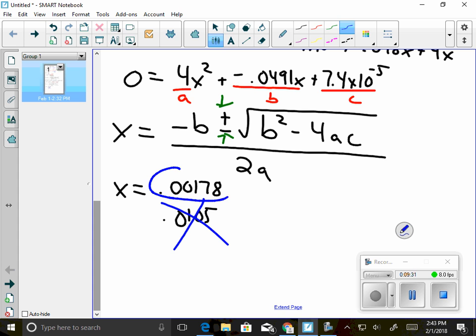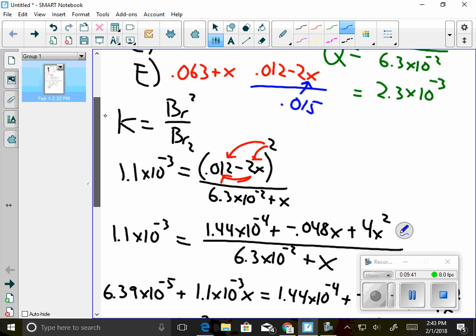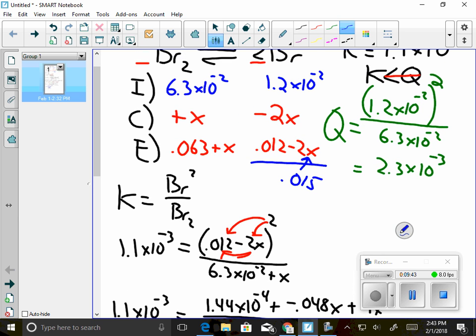Now that we've solved for x, we're not done with the question. We want to try to figure out the concentration of the two things at equilibrium. Take that 0.00178 and plug it back in to either here to solve for the reactant or here to solve for the product.